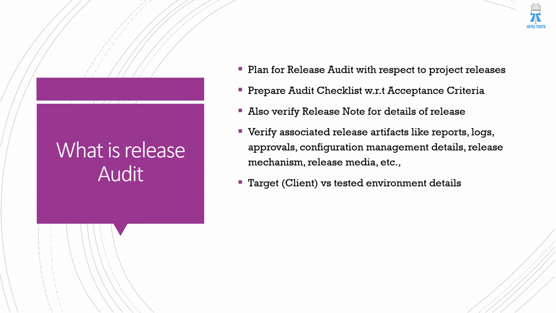The next thing is we need to look at the release note for details of the release. Every release will have a particular release note. It will have details like the release identification number or release version number, what artifacts they are releasing, or the list of artifacts in that release note.